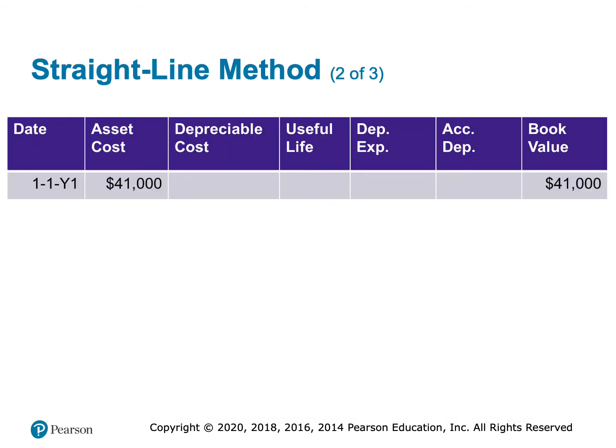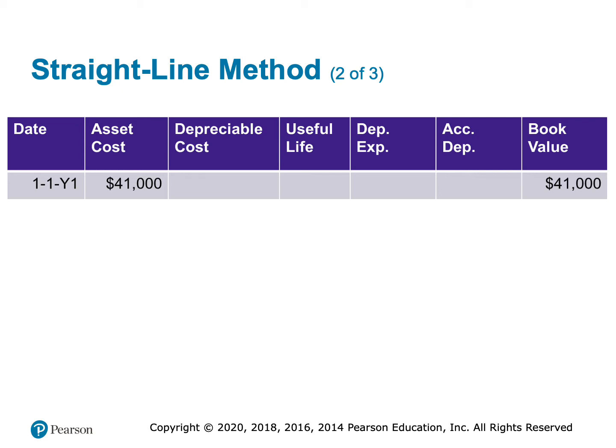So what you see next in your notes is a large chart. This is called a depreciation schedule, and we're going to fill it out for the asset for every year so that we know what the asset depreciation is, what the book value is, and all of that stuff. So we're pretending that we bought this truck on January 1 of what we're going to call year 1. Okay, and we paid $41,000.